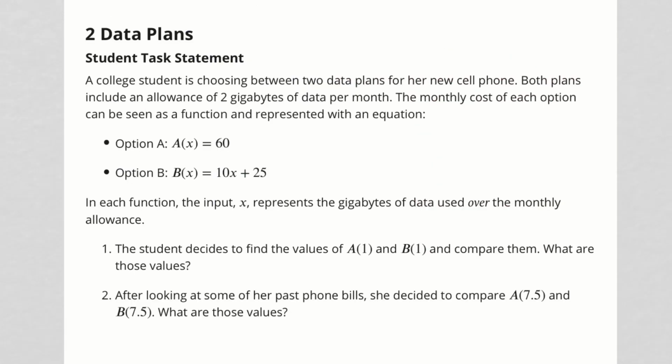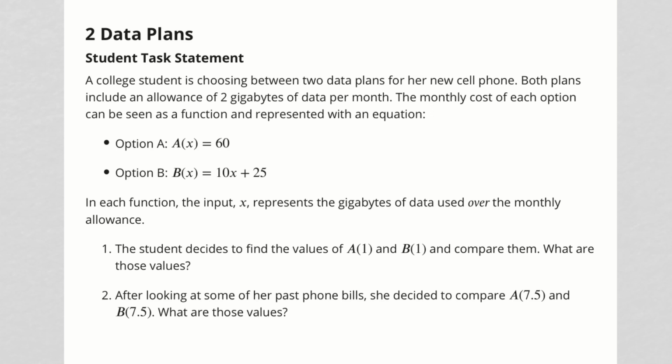All right, so this is 5.2 data plans. We have a college student choosing between 2 data plans for her new cell phone. Both plans include an allowance of 2 gigabytes of data per month. The monthly cost of each option can be seen as a function and represented with an equation.